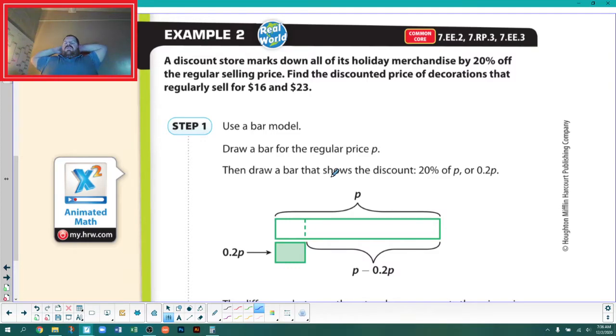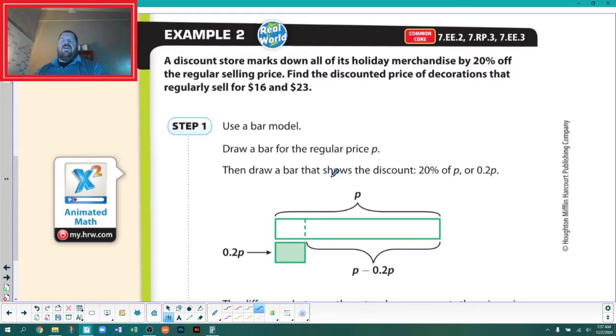So a discount store sells all of its holiday merchandise. They mark it down by 20% off of its regular selling price. So this one's a little bit different. It looks like they're selling it for cheaper than they bought it for, but they're not really. So we're going to use this idea to find the discounted price of decorations that regularly sell for $16.23.